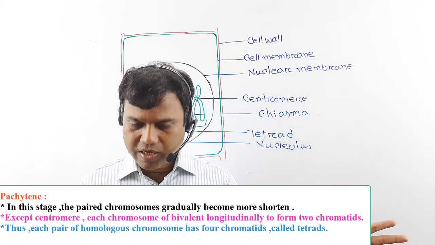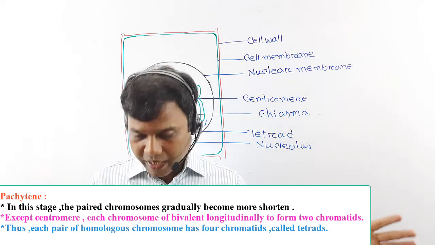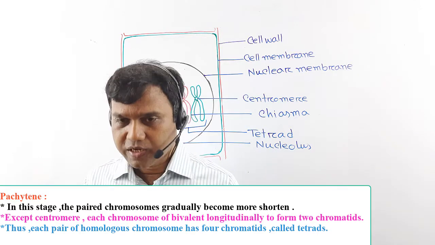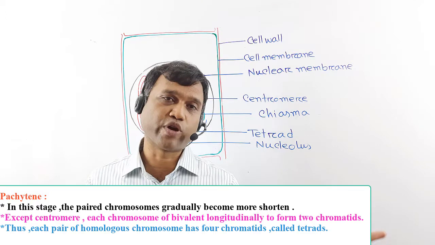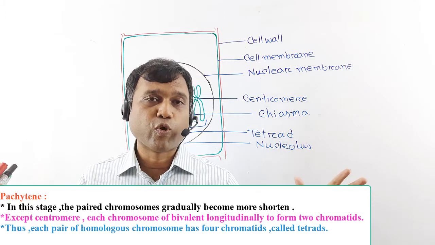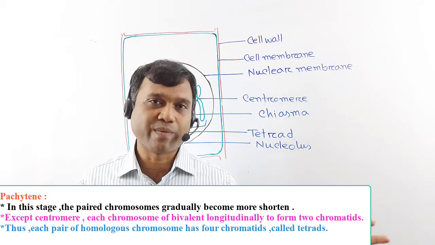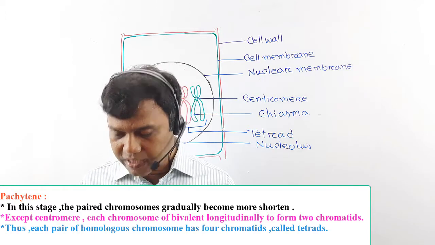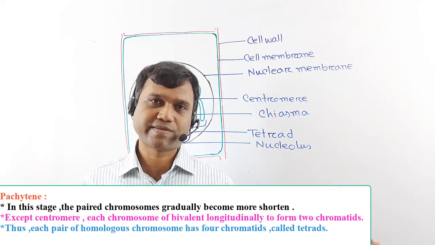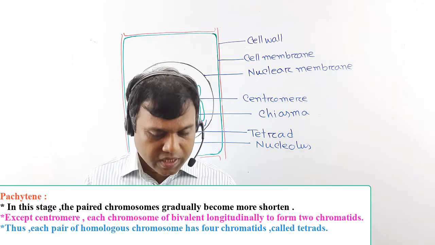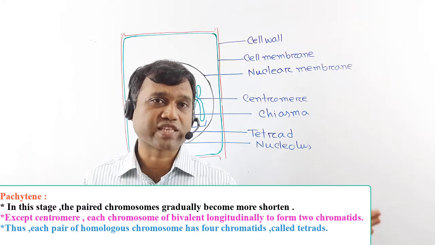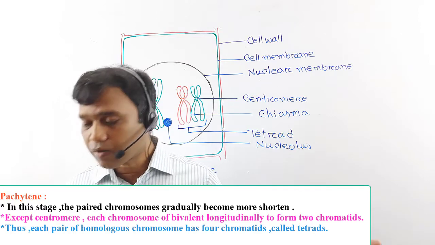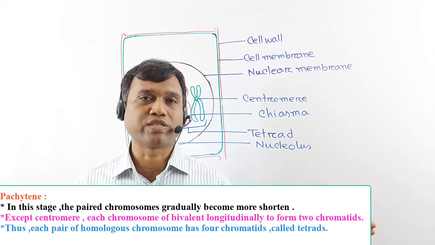First, each chromosome of the bivalent divides longitudinally except the centromere and produces 4 chromatids from a bivalent. These 4 chromatids are known as a tetrad. The relation between the 2 chromatids of the same chromosome is sister, but the other chromatid is non-sister.